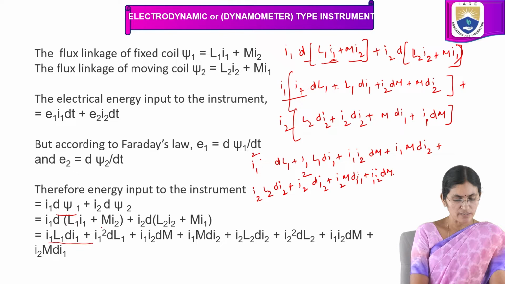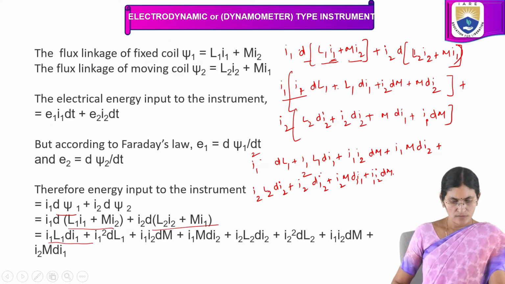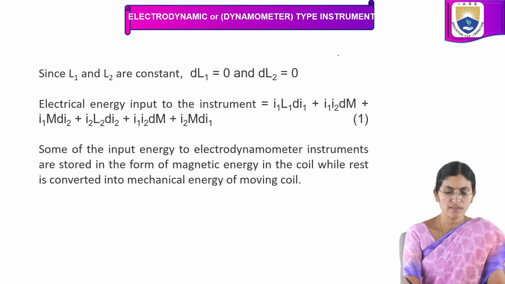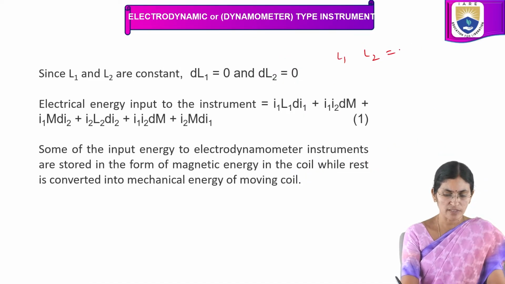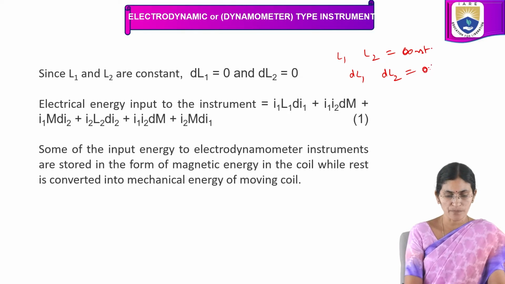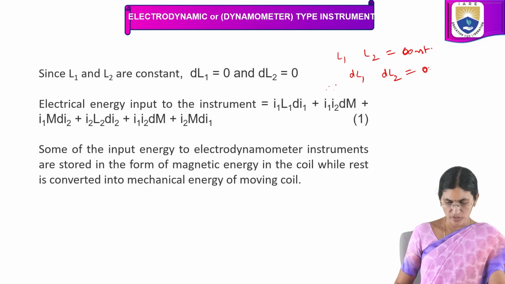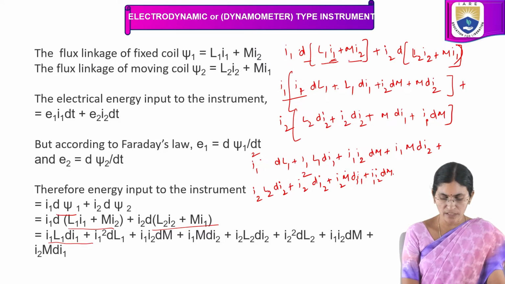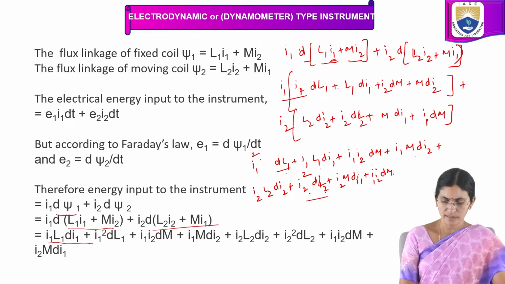If you take the differentiation of these terms, since L1 and L2 are constants, dL1 and dL2 can be equated to 0, because the differentiation of a constant term is 0. So wherever the dL1 and dL2 terms are there, they will be 0, and we can neglect those terms.